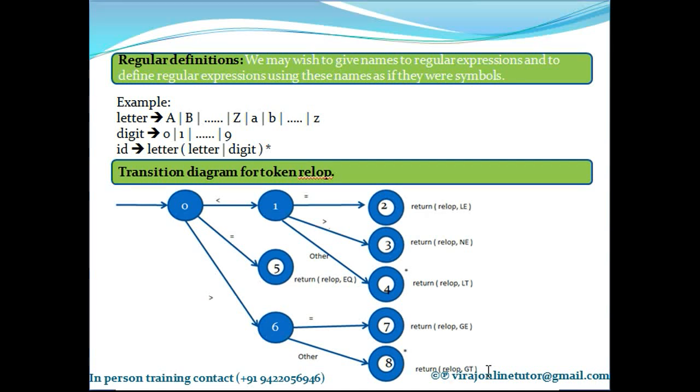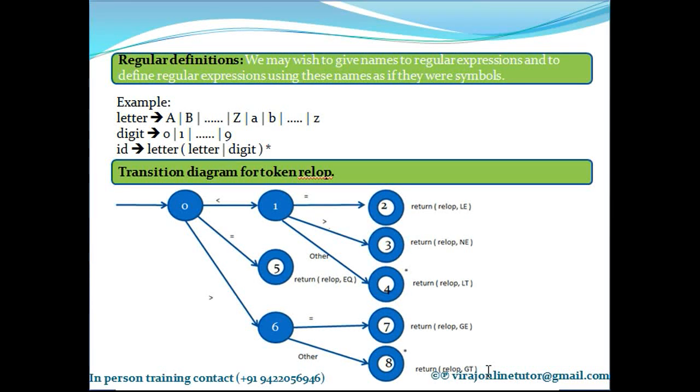All these different relational operators come inside a category of relational operators. All these that I have named just now are the lexemes, but all these belong to a category of token called relational operator. So in this diagram, let's see how the lexical analyzer parses the input to identify that these lexemes belong to the relational operator token.